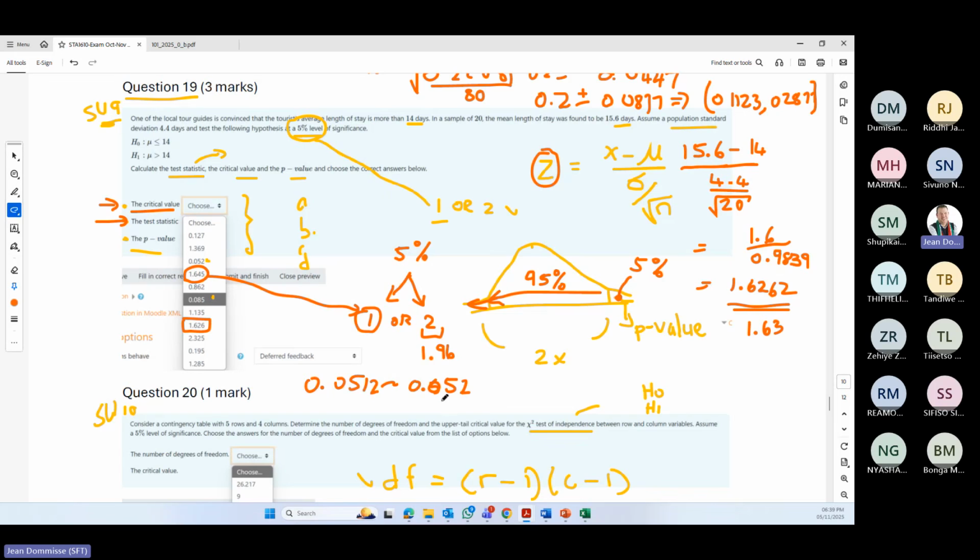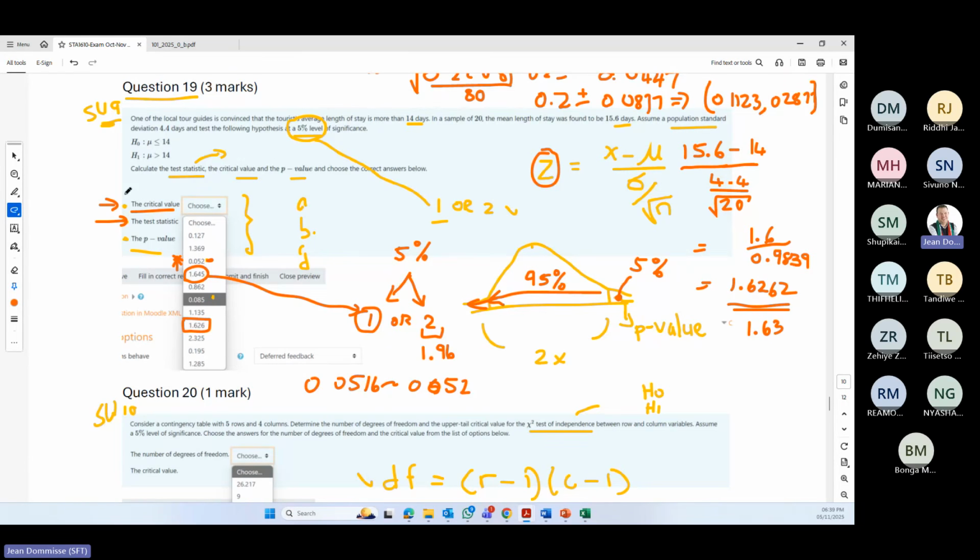Oh wait, 16, sorry, oof, erase it, erase it, let's just do that. So if we round that off 0.052, so there is the p-value as well.